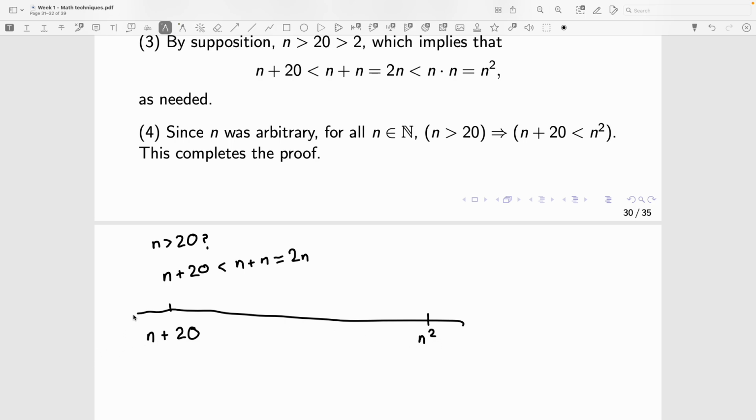So we know for sure that n plus 20 is definitely less than n squared, and that n plus 20 is less than 2n. But we don't know the relationship between 2n and n squared.